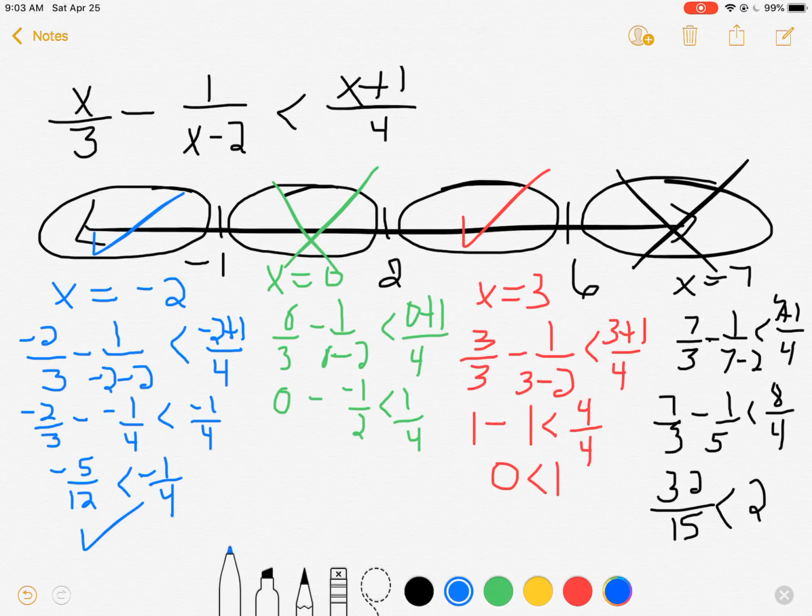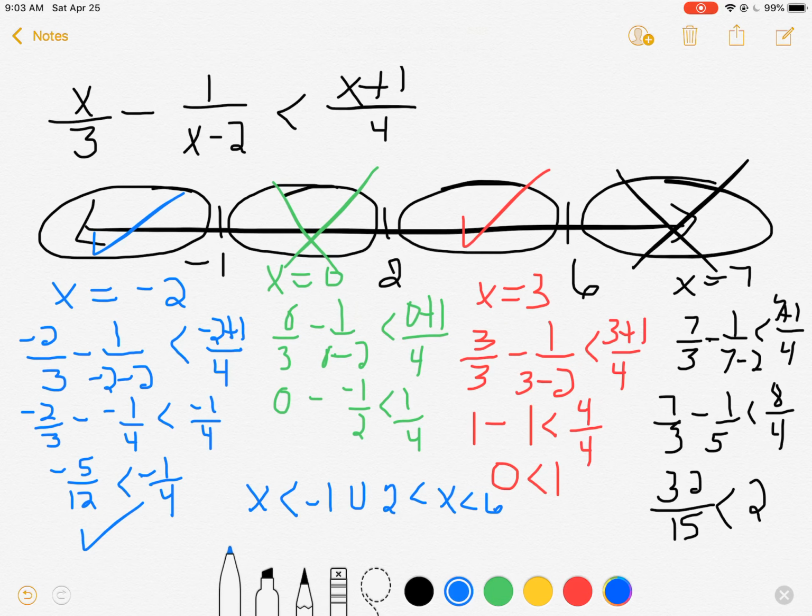So then my final answer for this one is x is less than -1 and x is between 2 and 6. A lot of ways you can write that. You can write it as an inequality: x is less than -1 in union with x is between 2 and 6.